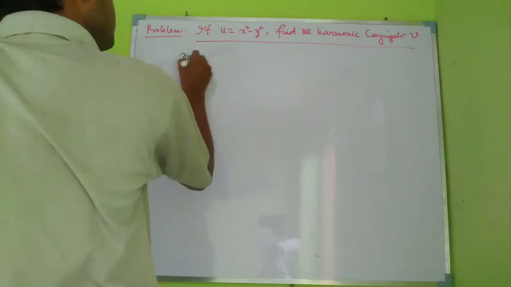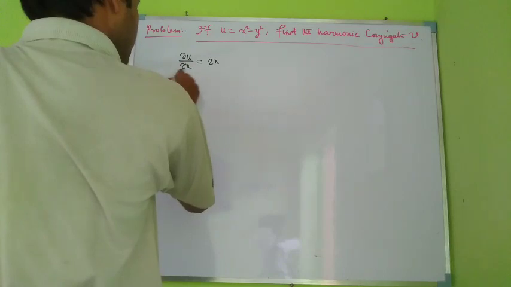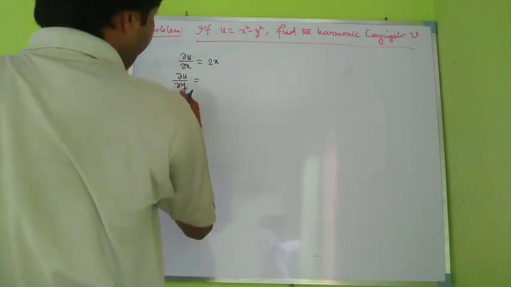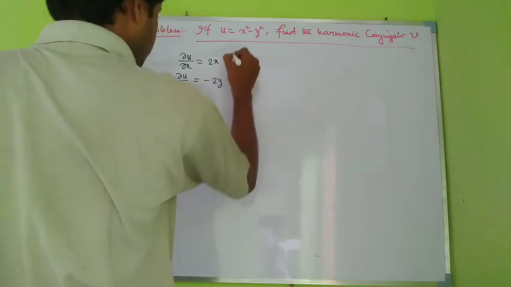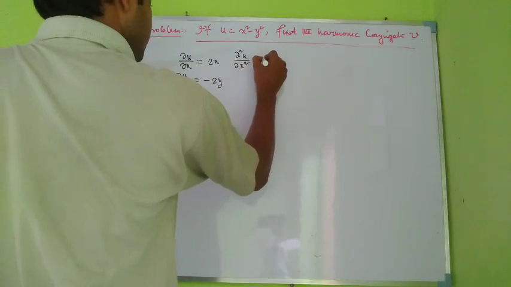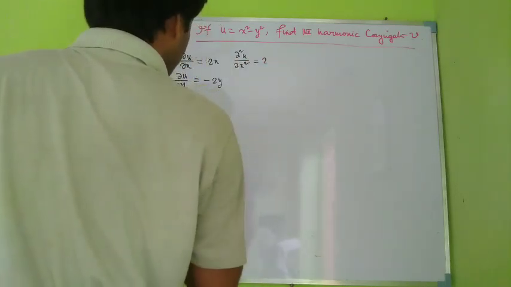Del u del x is equal to 2x, del u del y is equal to minus 2y, and del 2u del x2 is equal to 2.